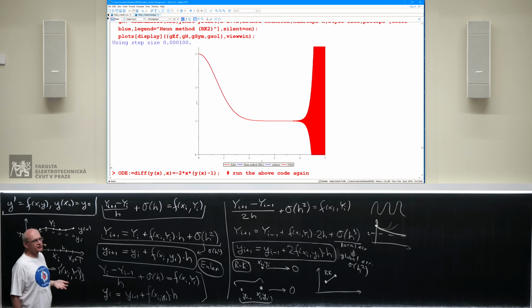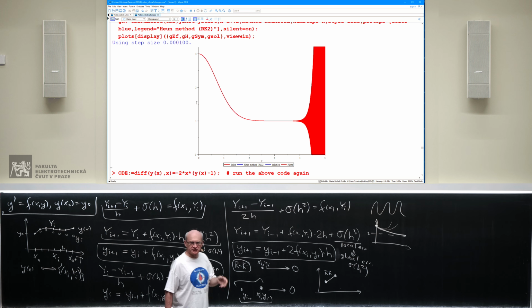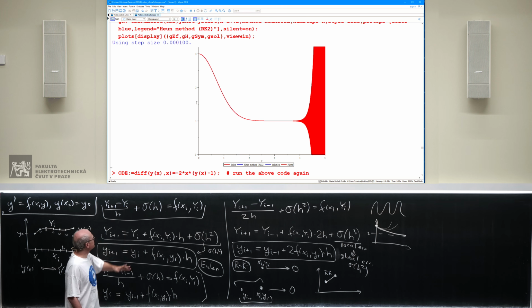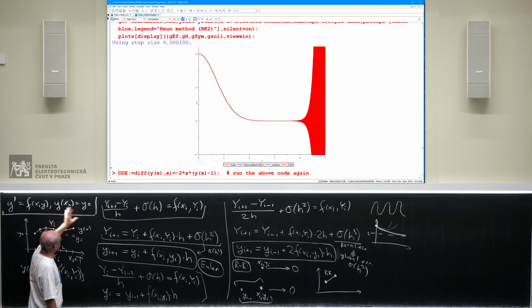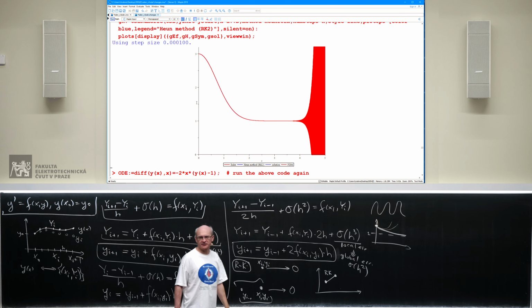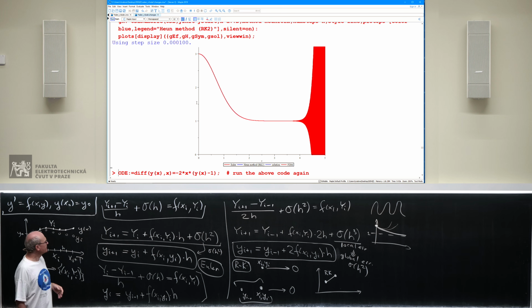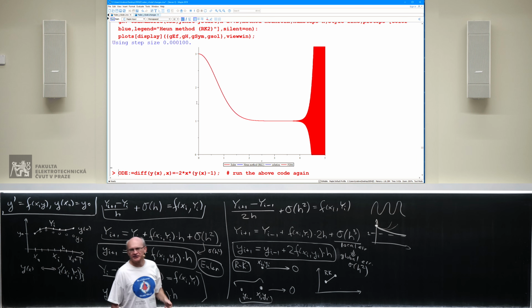So for more difficult problems, which are actually the real-life problems, this discretization idea becomes very, very useful, and it leads to a method which is called finite difference method. This is actually a finite difference method. When you replace derivative with a finite difference, you are in fact applying a finite difference method. Okay, that's it for this first interesting approach. We are not going to milk it anymore because it doesn't seem to work all that great.